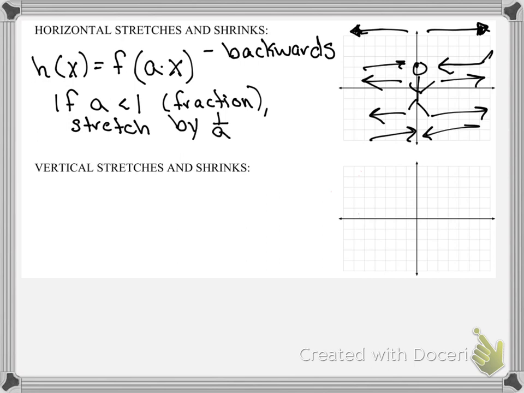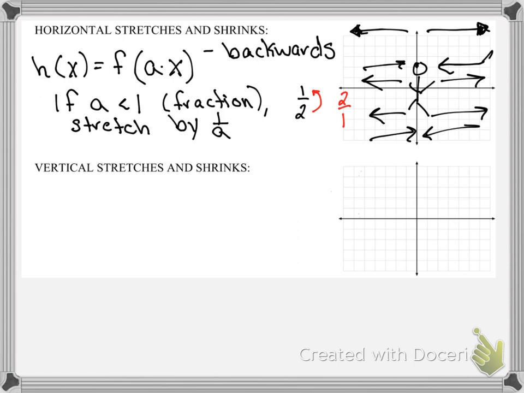So if a is a small fraction, for example, if a is a half, it's going to stretch it by a factor of 2. Basically, it's going to be twice as big. It's going to stretch it twice as far because we flip it. So it gets flipped. So it's actually going to be stretched by a factor of 2 over 1.